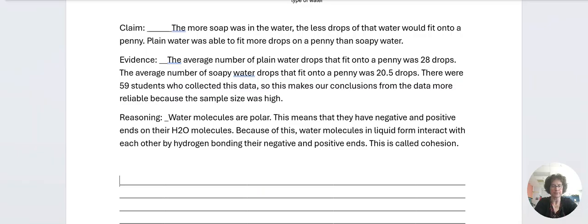Now, the second thing is, let's define surface tension.